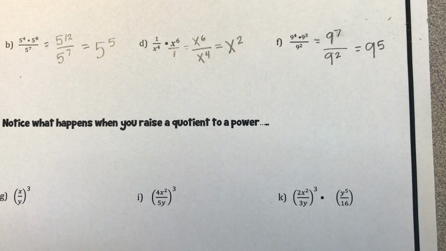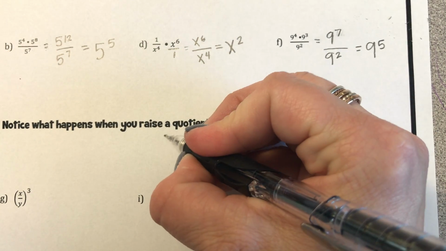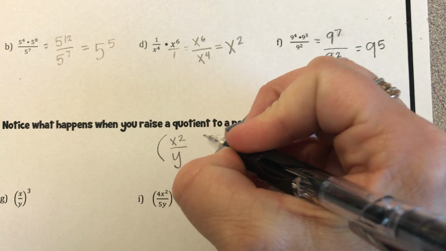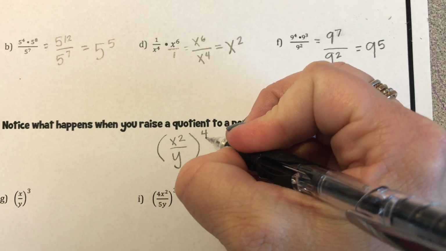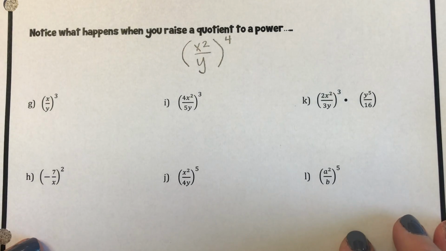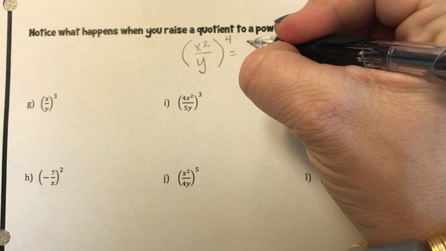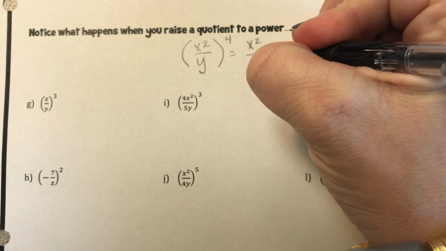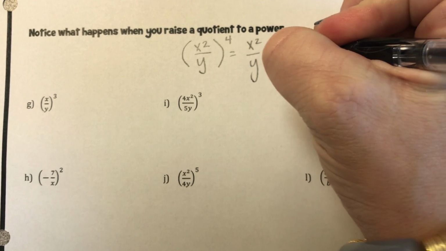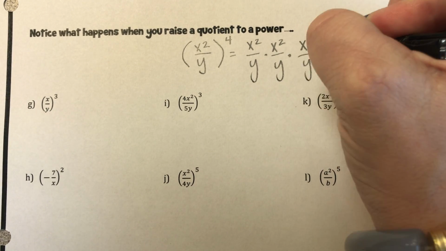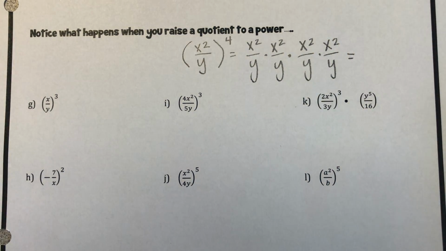So let's look at when it's a quotient. Let's just say I had x squared over y, and I'm raising all of this to the 4th power. So this means I have x squared over y times x squared over y times x squared over y times x squared over y.